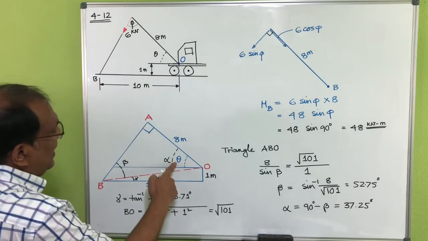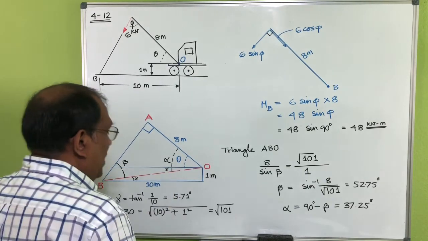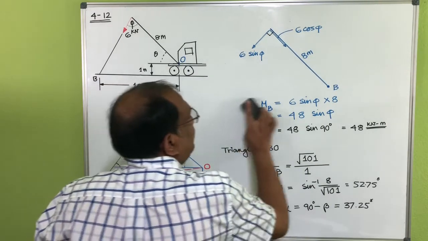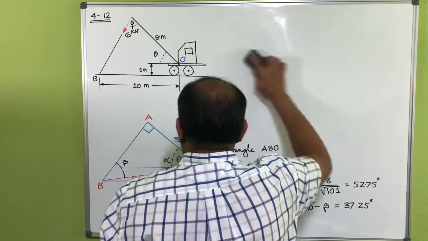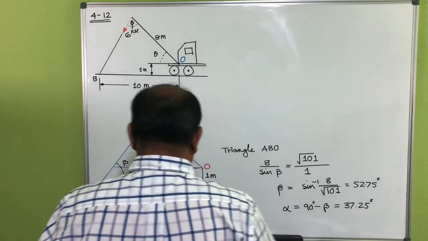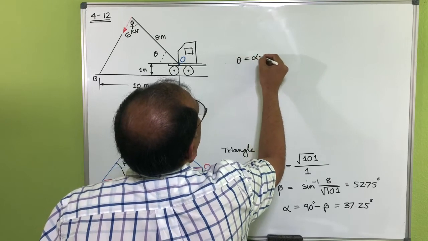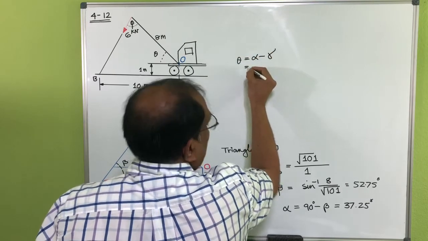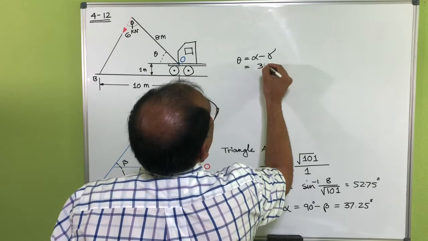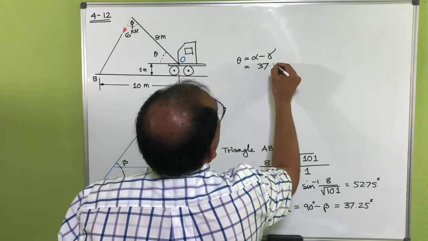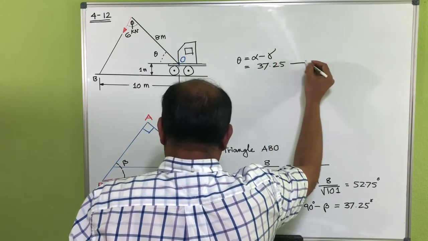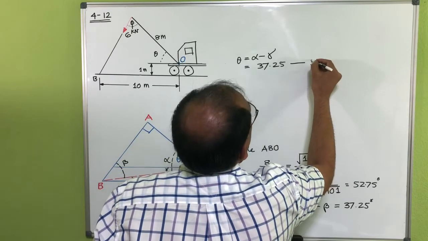So what would be theta here? Theta is basically alpha minus gamma, which means 37.25 minus 5.71.